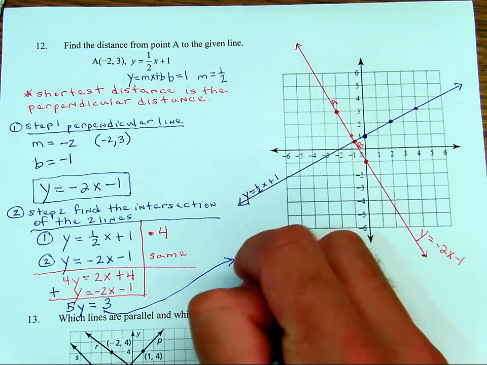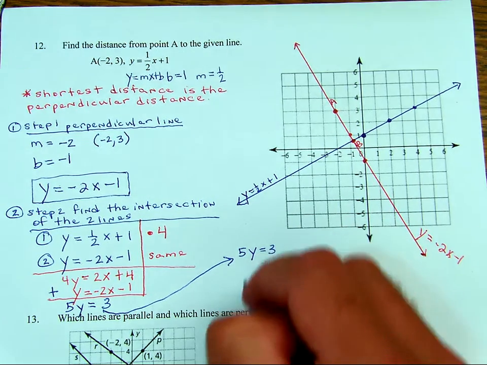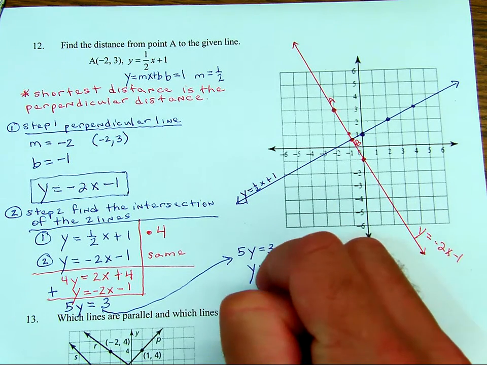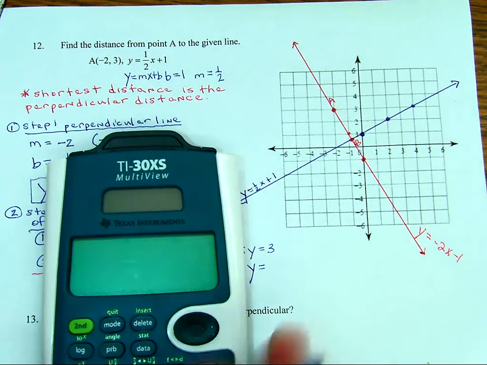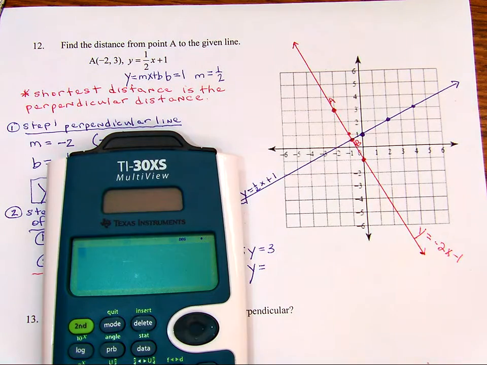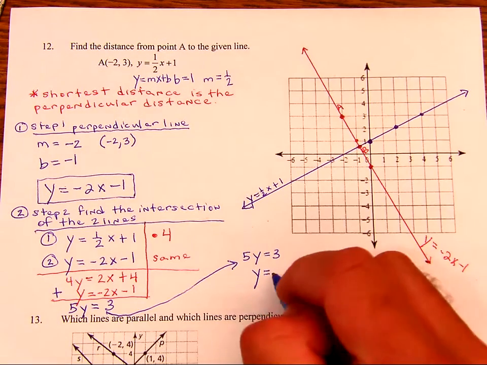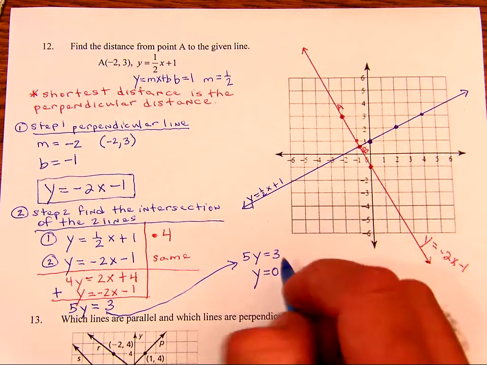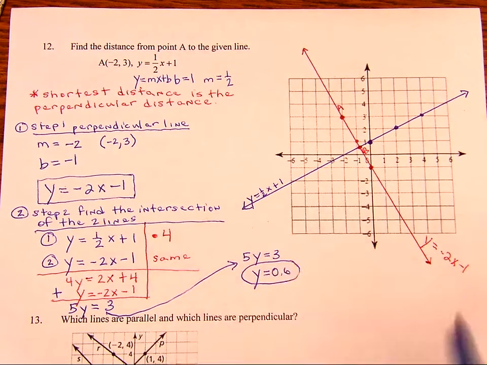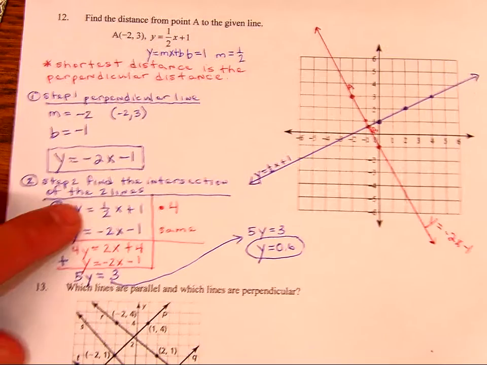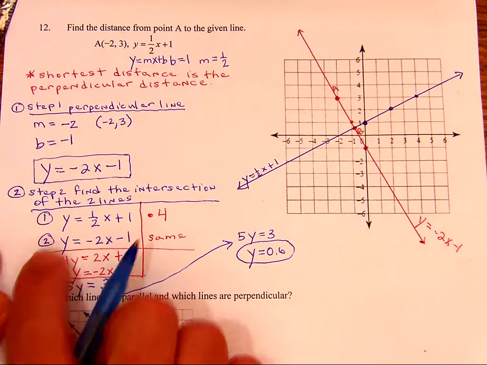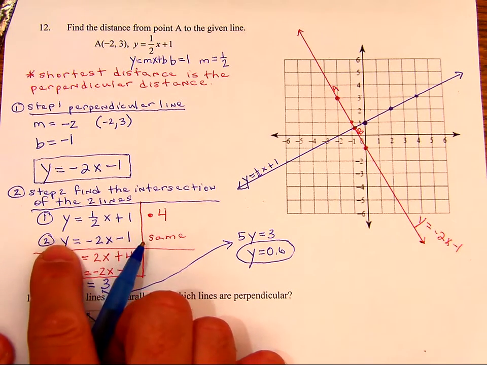So if 5y equals 3, divide by 5. And so I could write it as a fraction, or I could do 3 divided by 5. And so as a decimal, the y-coordinate is going to be 0.6. Now, using one of these other equations, I'm going to choose equation 2.